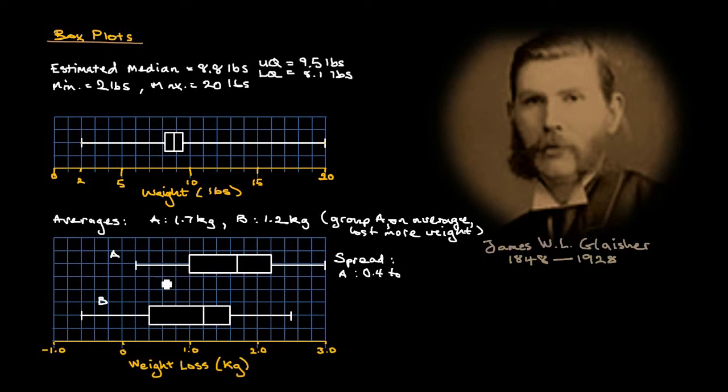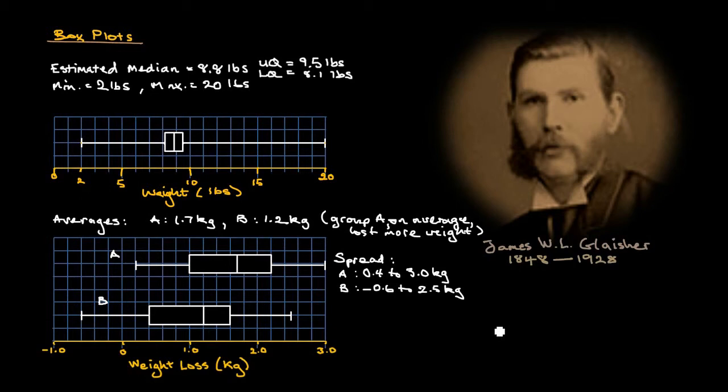And it goes up to 3 kilograms. These are the least amount of weight that might have been lost to the maximum amount of weight. Whereas for group B, the least amount that might have been lost by somebody in this group is now down to here. So it would have been minus 0.6 kilograms, all the way up to the maximum that anybody lost would have been 2.5 kilograms.